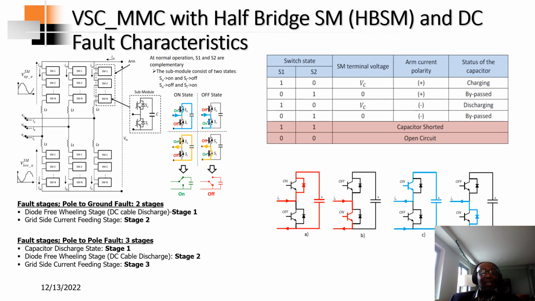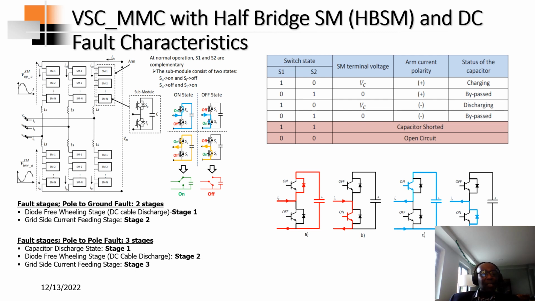Then the next stage is stage 2, the grid side current feeding stage. That is when the grid side also feeds the faulted point. It feeds the faulted point through the freewheeling diode until it reaches steady state operating condition.